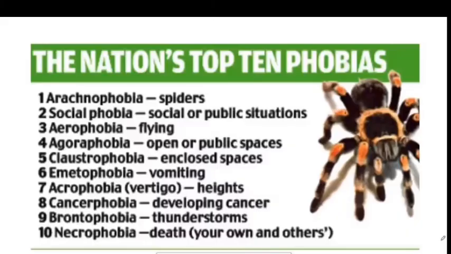Now, these are the top 10 phobias that we have, the usuals that would come out in the LET. When I took the LET, this one po, number 4, came out. Okay, agoraphobia, the fear of open or public spaces. There is another one that's called xenophobia. Xenophobia naman is the fear of strangers.